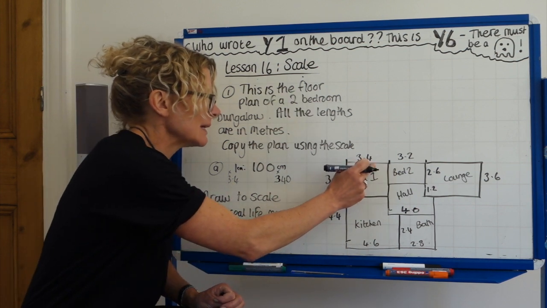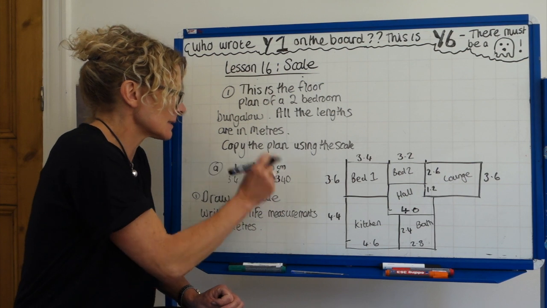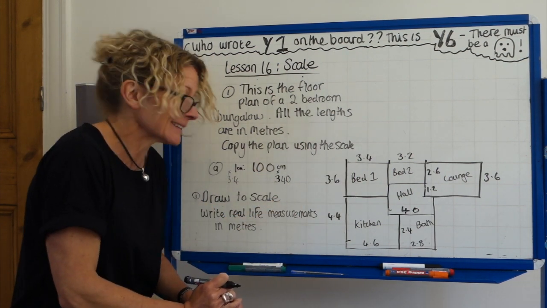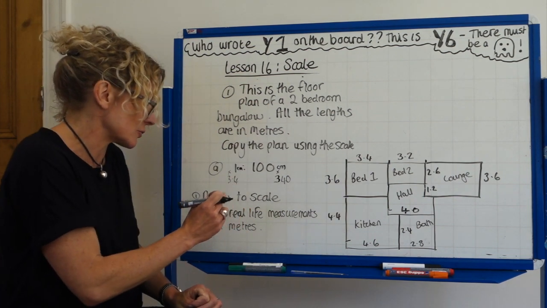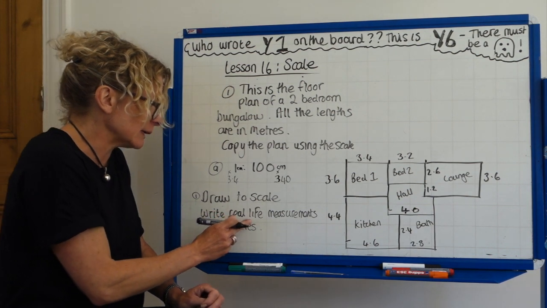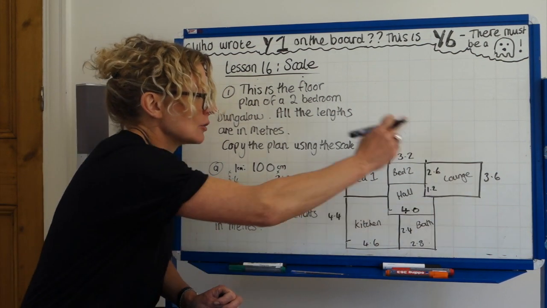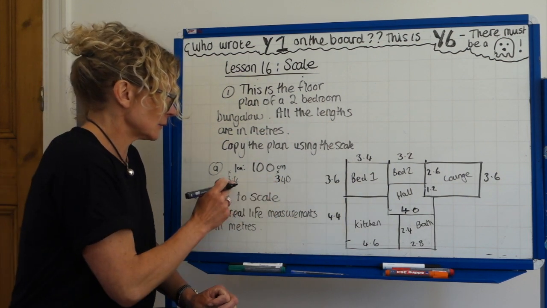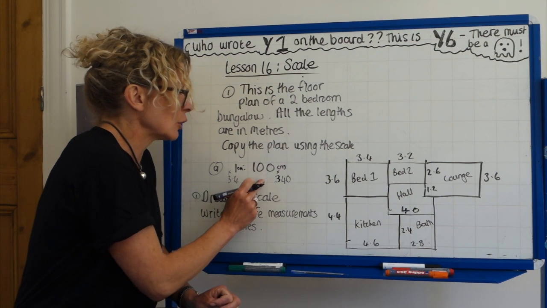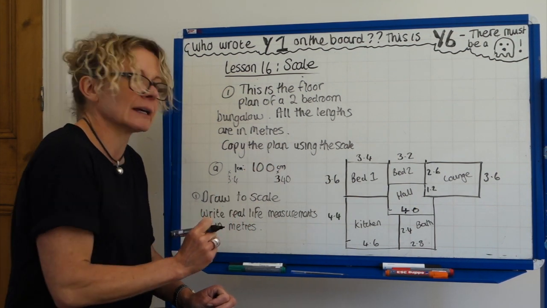Because 3.4 metres in centimetres is 3.4 centimetres, yeah? Okay, because you divided it by 100, okay? So you copy it to scale and then you write the real life measurements in metres, okay? Onto your scale. So 1 centimetre, so 3.4 centimetres would equal 100 centimetres in real life. So you draw it like that.